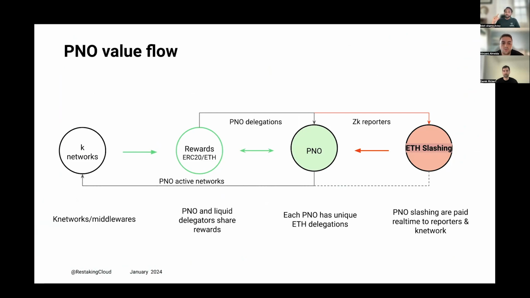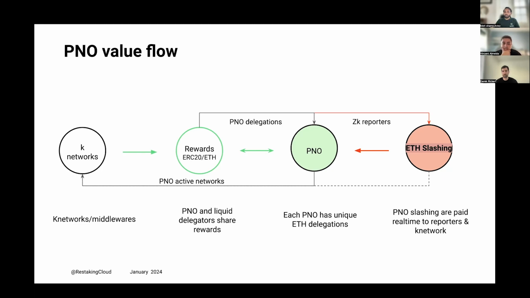And that's a unified balance across all the K networks, so it's like a collective security. Exactly. They're just running additional software, and if they misbehave, they'll get kicked from all of the K networks, right? So there's no issue with them doing more than one operation at a time.